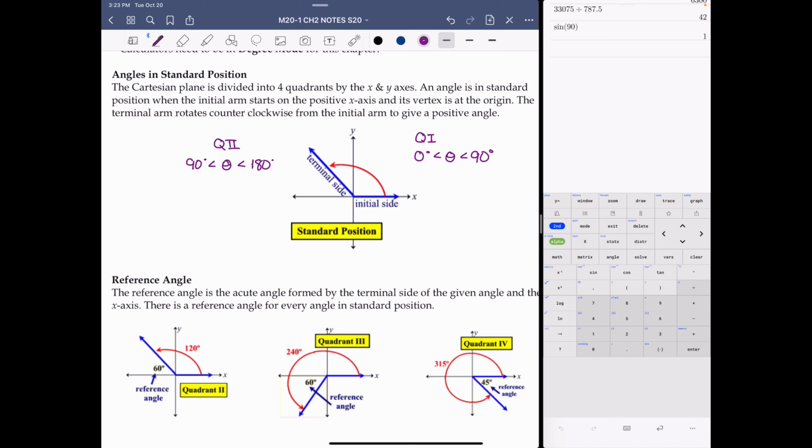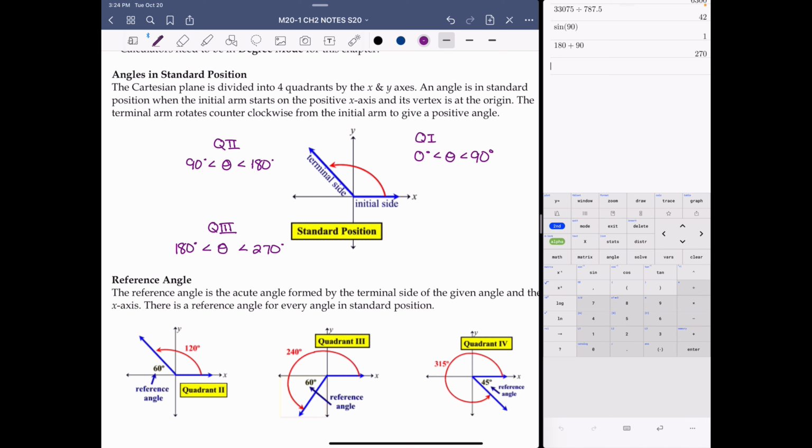Quadrant 3 starts at 180 degrees. It's greater than 180 degrees, but less than 180 plus 90, which gives us 270.